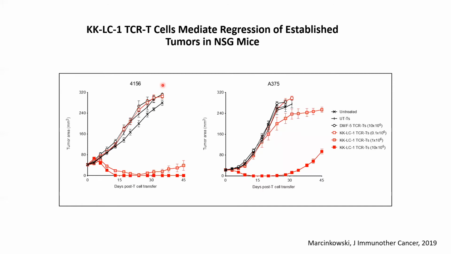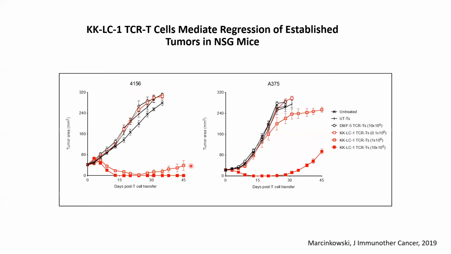This is an immunodeficient mouse model where the mice have either a 4156 cervical cancer cell line implanted on their abdomens. This is a cell line that we generated in the lab, or an A375 tumor line. This is a melanoma line that's commercially available. And when you treat them with engineered T cells targeting KKLC1, there's a dose-dependent tumor response.